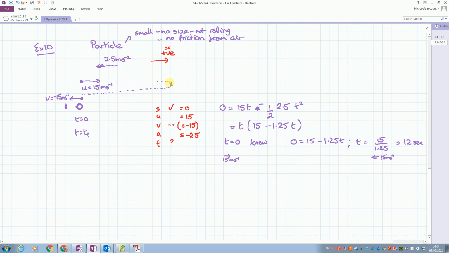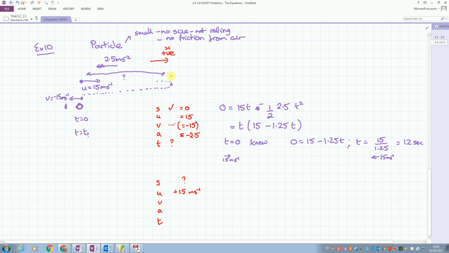Part 2 of the question is to find out how far we went this way. So in this part 2, let's do the SUVAT table again: S, U, V, A, T. We want to know the displacement. U we know was a positive 15 meters per second.